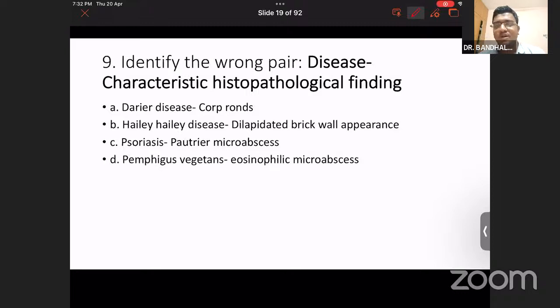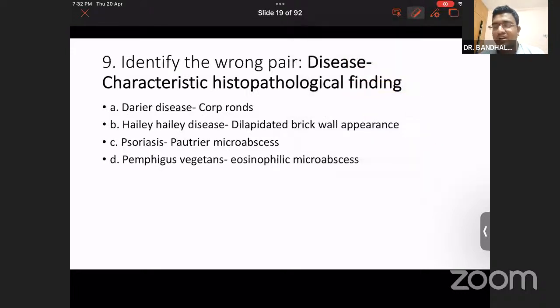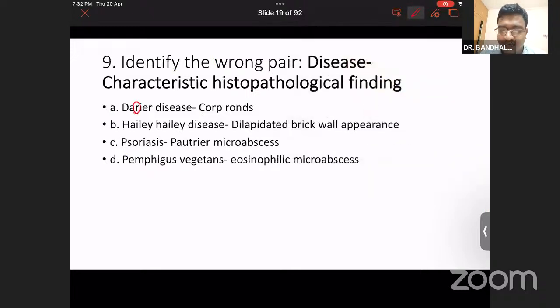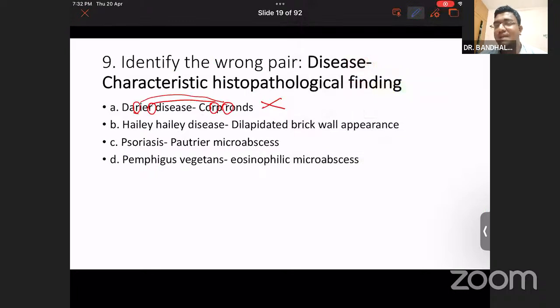In this, we will come one by one. Darier disease, corps ronds. Darier disease is a dyskeratotic disorder which is characterized by corps ronds. You can remember it this way: there are 2 R's in Darier, so 2 are corps ronds. So it is not the answer. Hailey-Hailey disease, dilapidated brick wall appearance.